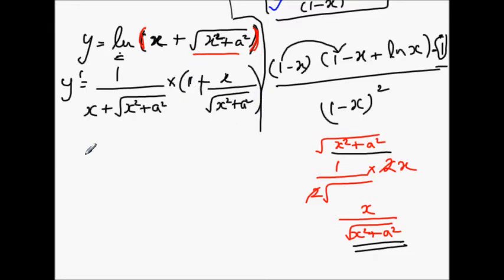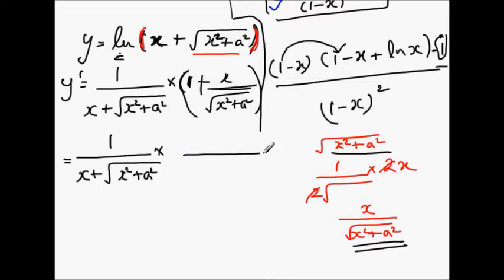This can be simplified, definitely. 1 over x plus square root of x square plus a square is kept as it is, and here this is 1 and this is x over this, so I am taking root of x square plus a square common, and then this would be root of x square plus a square plus x. So you can see that something gets cancelled.